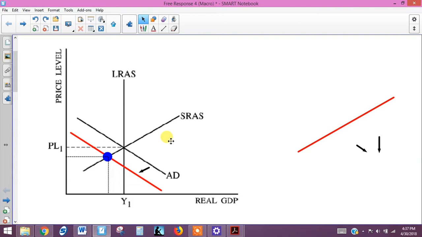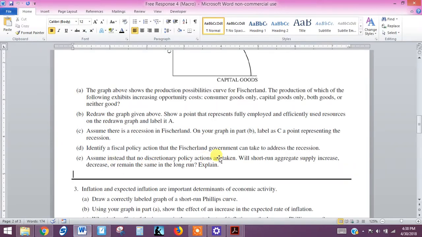So that's actually going to cause the cost of short-run supply to drop. And if the cost of short-run supply decreases, that's going to shift the short-run aggregate supply to the right. So the short answer to the question here is that short-run aggregate supply is going to increase. It's going to shift to the right.